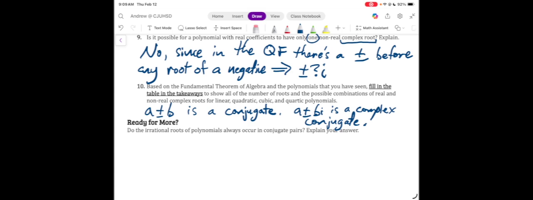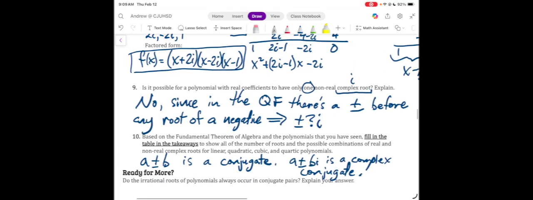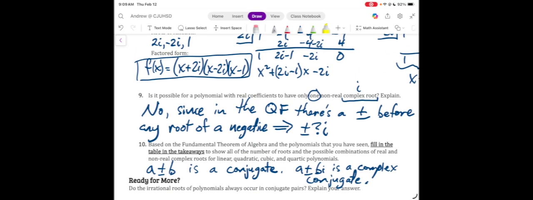You'll never have an odd number of i's unless the polynomial doesn't have real numbers in its coefficients. And that's why it said in number 9, is it possible for a polynomial with real coefficients? No. If they're real, then the complex roots will always come in pairs.